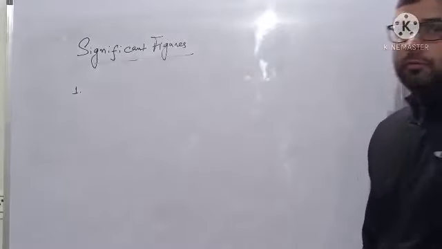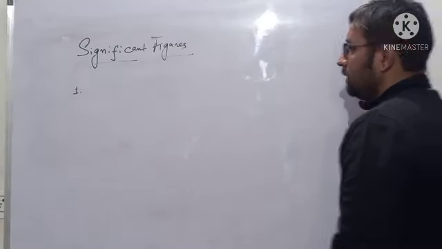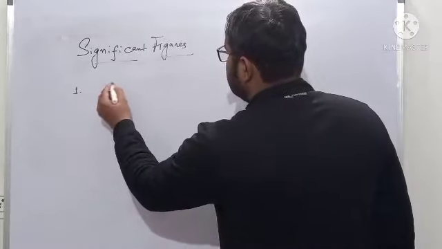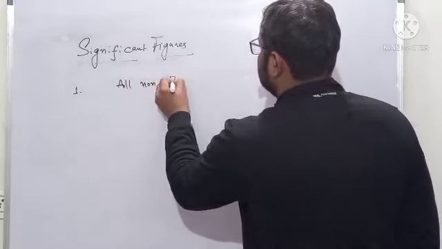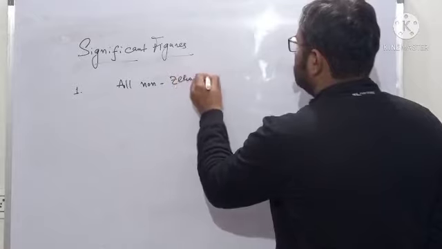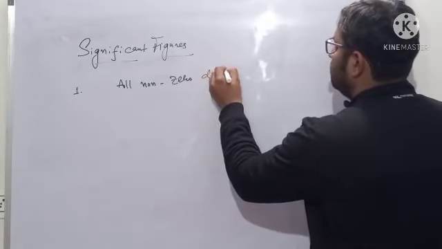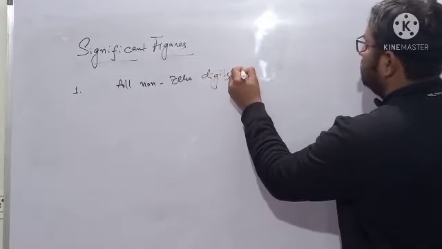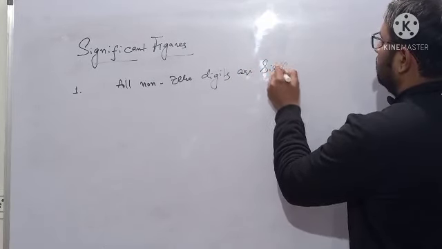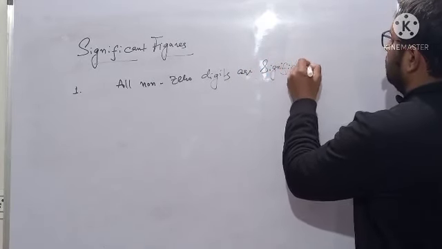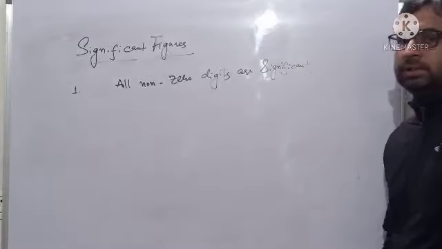The first rule of counting a significant figure in any number is that all non-zero digits are significant. All non-zero digits are significant.